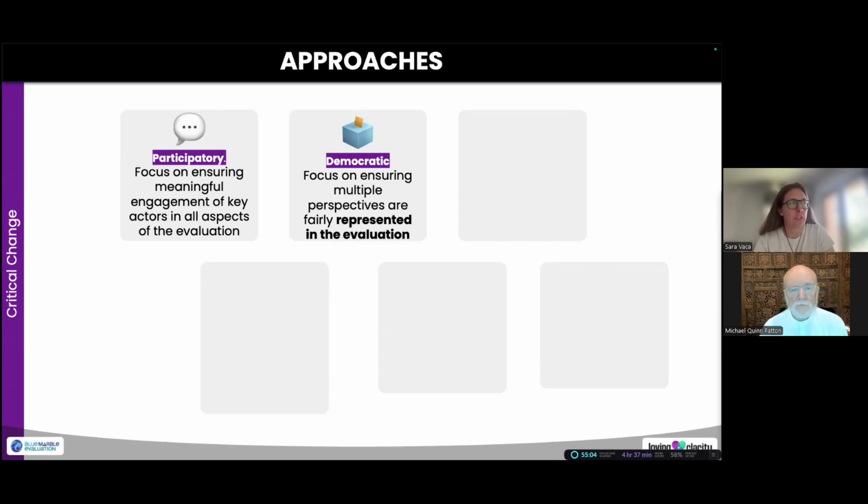On similar lines but different, we have democratic evaluation, where we're looking for all the voices to be heard. Is that what we are looking for in this one?